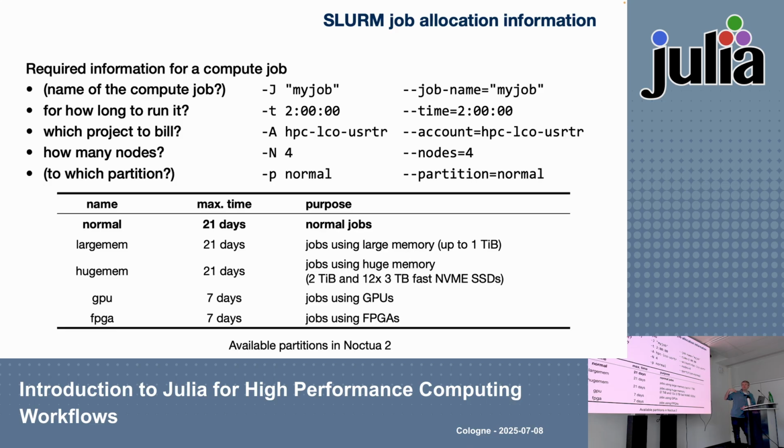If you say it's too long, then the scheduler will have a hard time to find a good schedule to fit your job, because there are some other jobs running. And if you say, okay, this is my 4-week job, when should it start? Then it's harder to find a spot, even if your job just runs 10 minutes and not 4 weeks. But you also don't want it to be aborted. Therefore, you need to do some estimation, then a little bit more time.